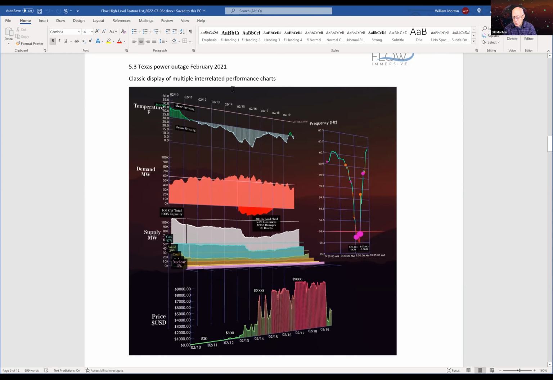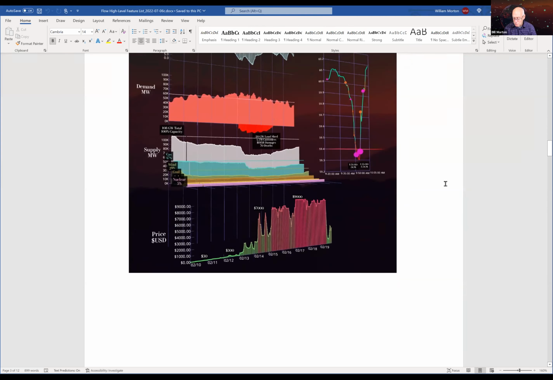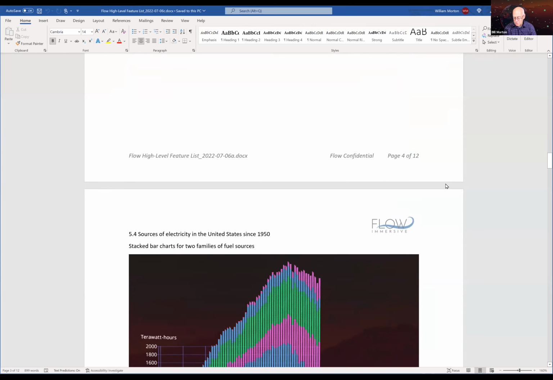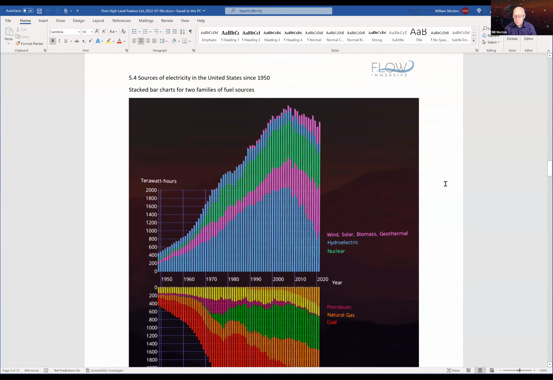If you go through this particular featured flow, there's a whole story about what happened in February of 2021, when Texas almost lost its entire power grid because they couldn't maintain the frequency of the power above 59.4 cycles per second, hertz. That's an interesting story. It's a good one to go through if you want to take a look at a very sophisticated flow.